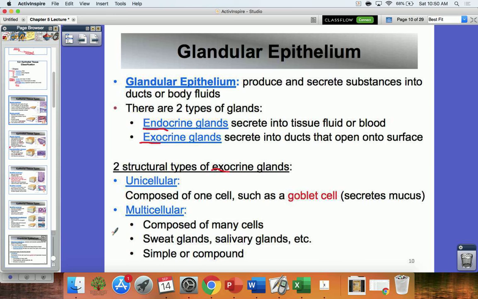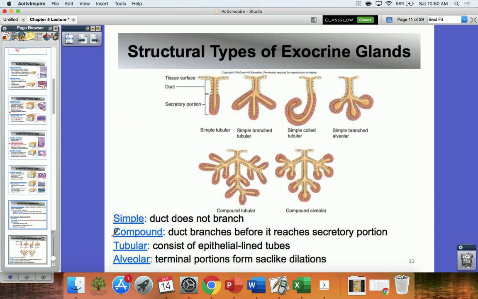And so we're going to go in a little bit more detail about these multicellular glandular epithelial because they can be classified as either simple or compound depending on their structure. So, a simple gland, or a simple glandular epithelial cell, or not cell, gland, is going to have a duct that does not branch.